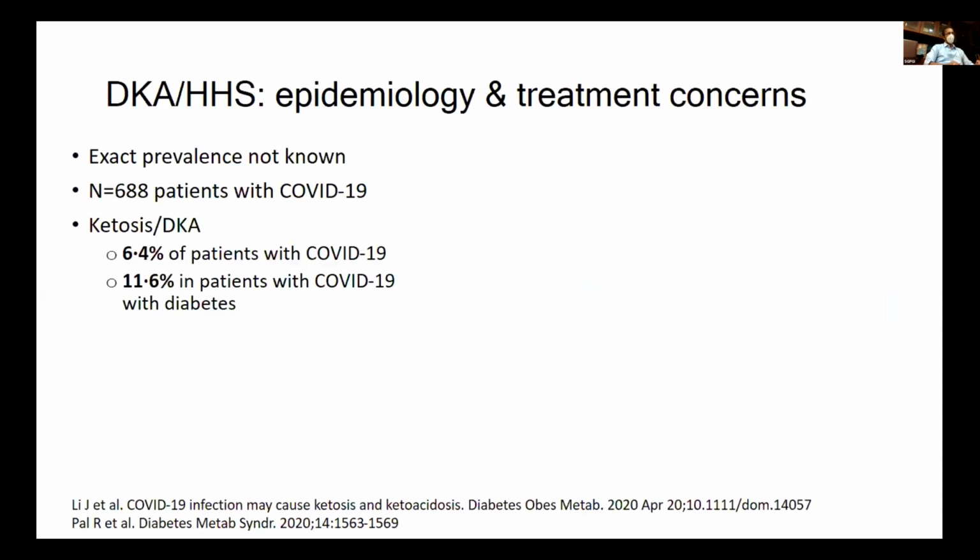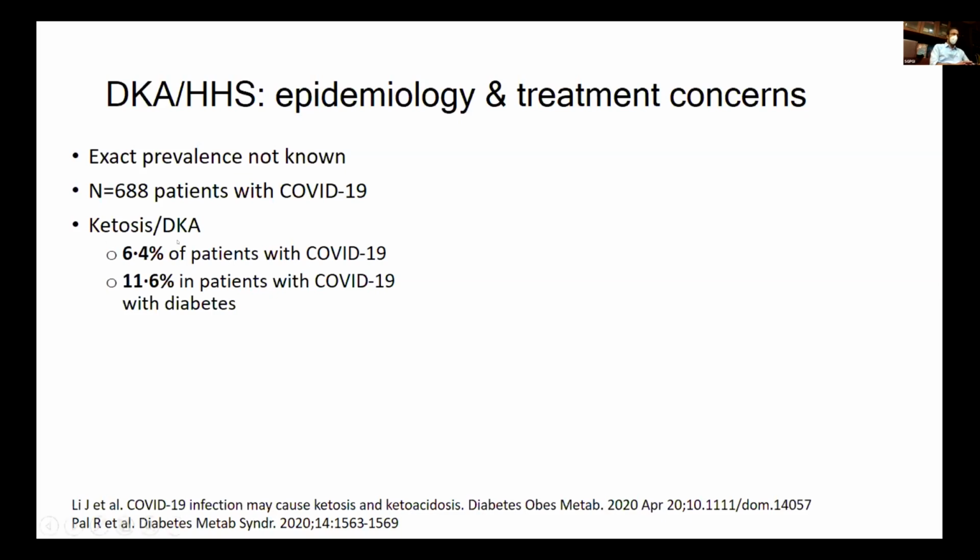Another thing I will mention is that the incidence of diabetic ketoacidosis is very high in these COVID patients. We can only detect it if we do a urine ketone using some sticks which are available in the pharmacy. So any patient who has a blood sugar more than 250, we should do a urine ketone. If the ketones are positive, we should manage as per the protocol of DKA.